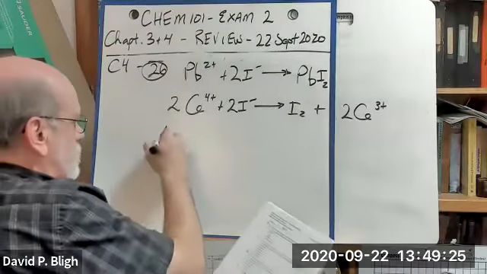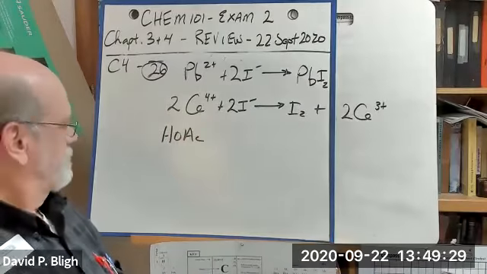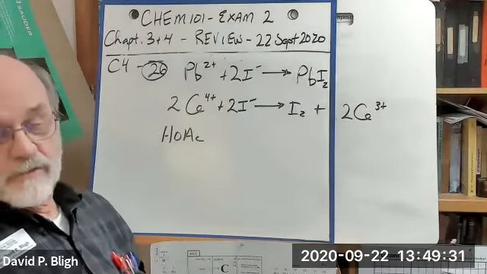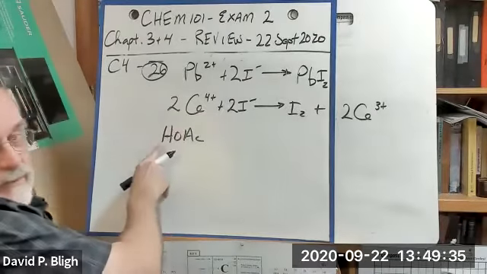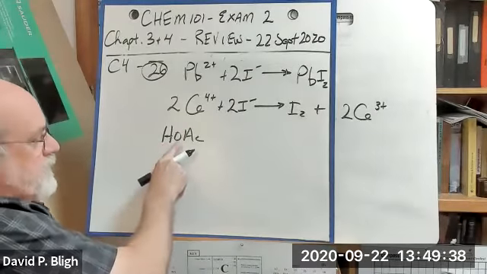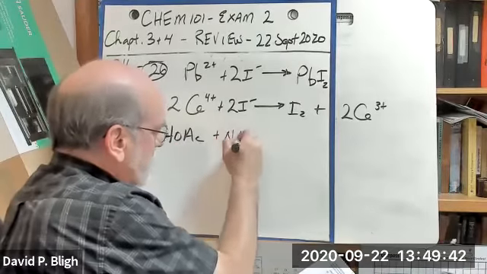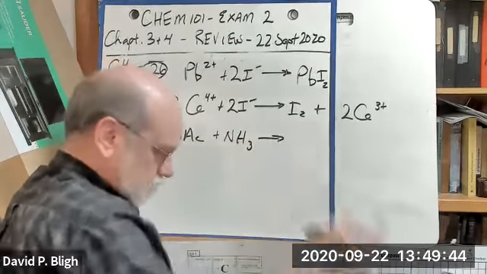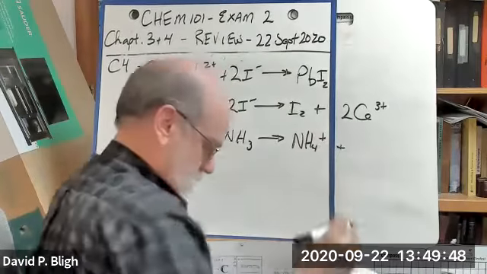And the last one. What does that mean? That's an abbreviation for acetic acid. Here's your acidic proton right there. And this is what's left over. Ammonia is this and this.